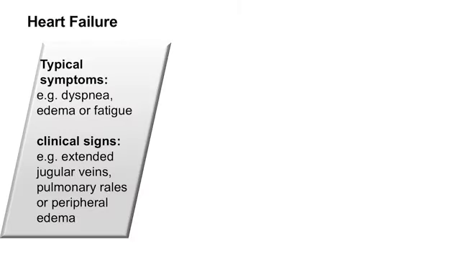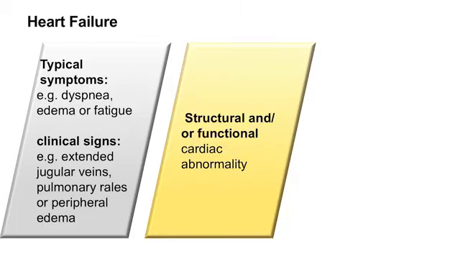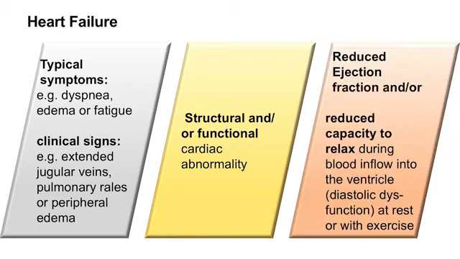So how actually can we diagnose heart failure? For that we need to fulfill a couple of criteria. First, we need to have typical symptoms and clinical signs in our patients. Second, we need a structural and/or functional cardiac abnormality, which is normally assessed by imaging tools as, for example, echocardiography.